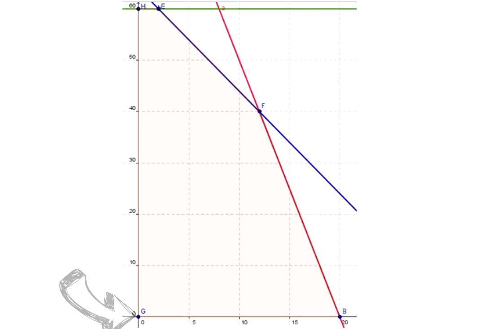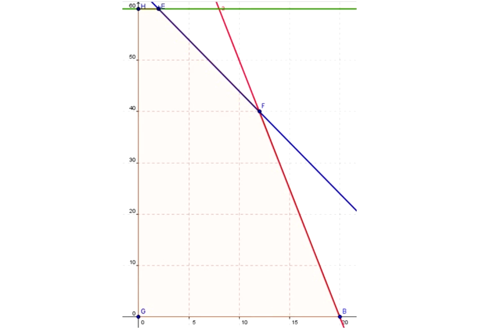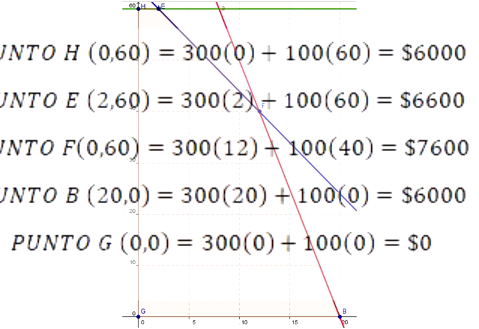The optimal solution is always found at one of the vertices of the set of feasible solutions. These values are analyzed in the objective function.